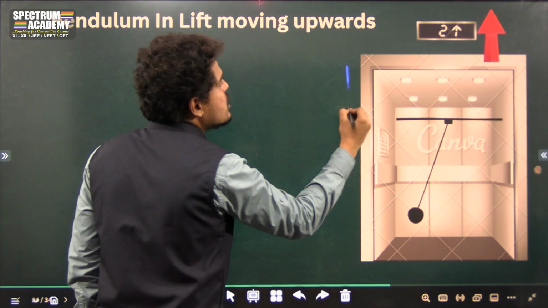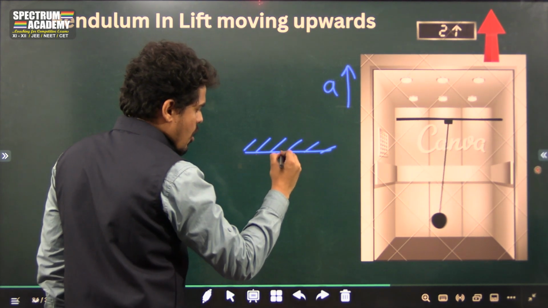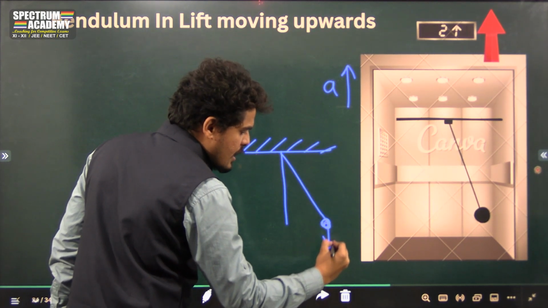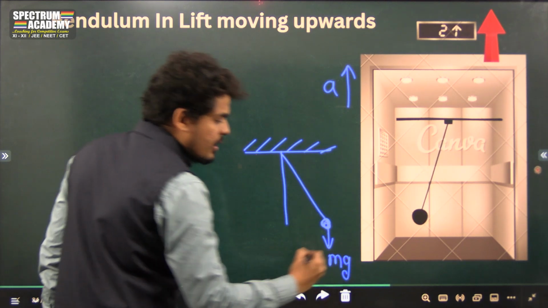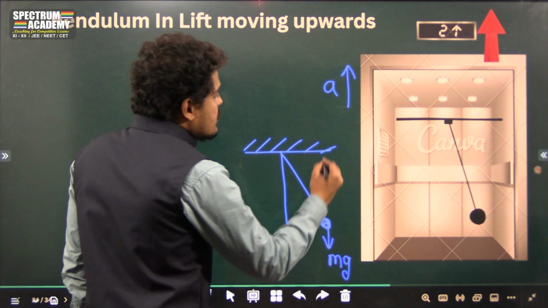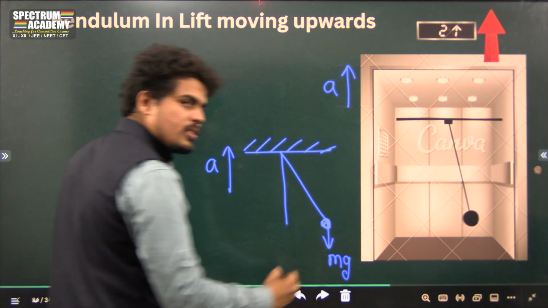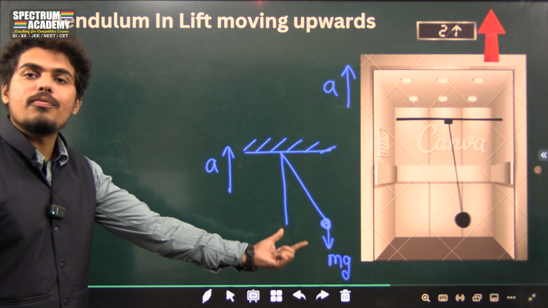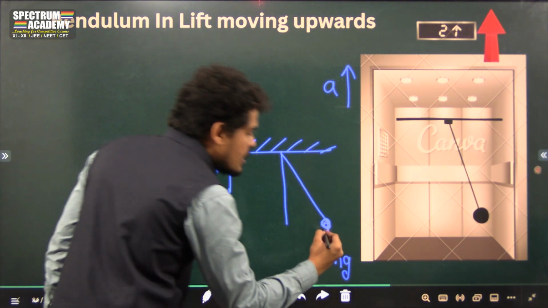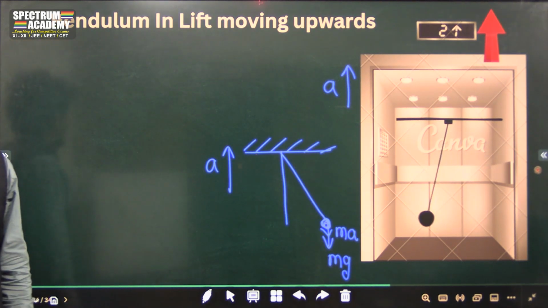If the lift is moving upwards with acceleration a, then the forces on this simple pendulum are, the first force is the gravitational force which is acting downwards of magnitude mg, and the lift is moving upward with acceleration a, so there is some pseudo force acting on this bob of mass m in the opposite direction of the real force, that means in the downward direction with magnitude mass into acceleration.